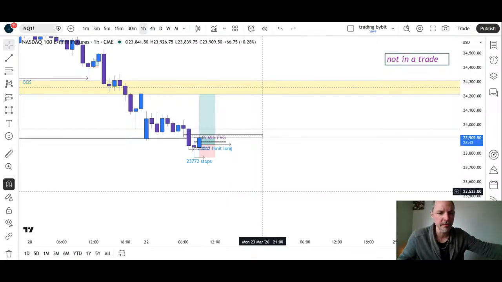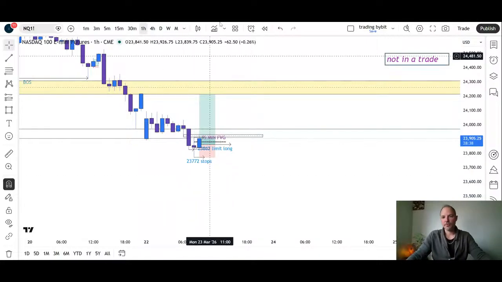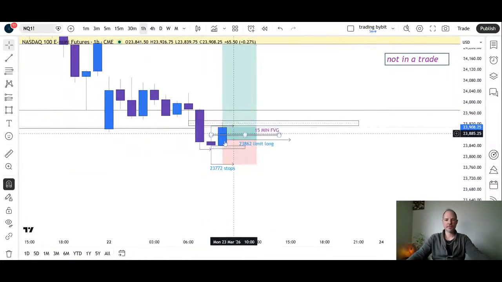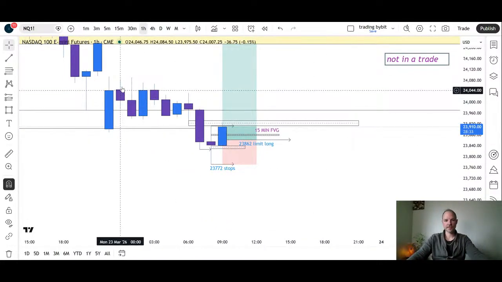And overall, we're definitely moving lower in a bigger time frame, of course, but this was just too good looking for not taking it.